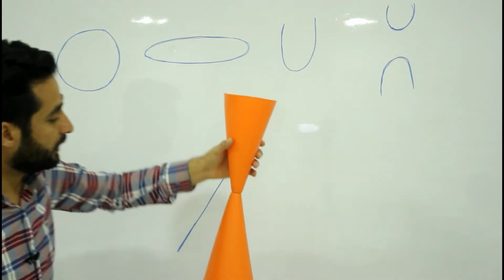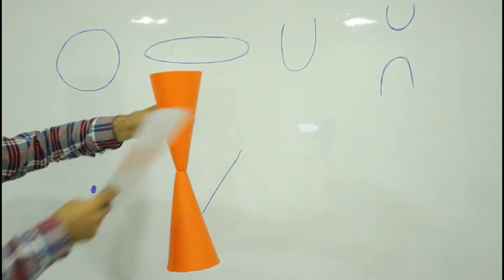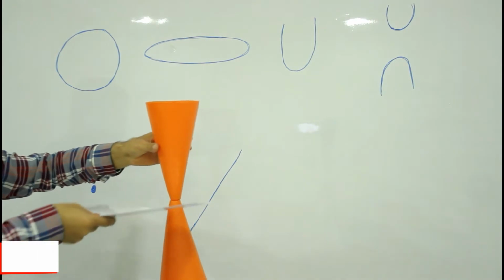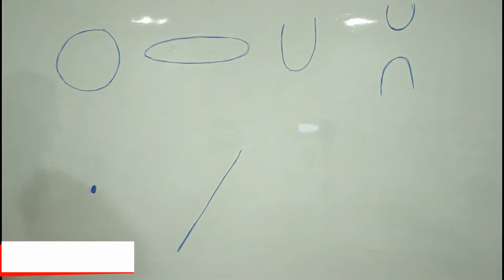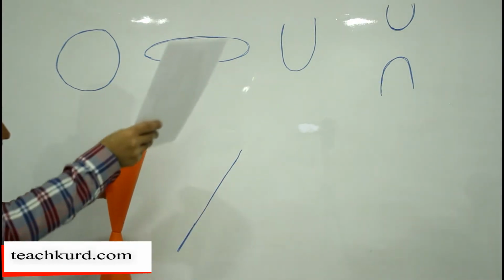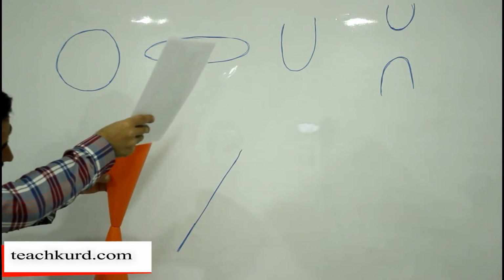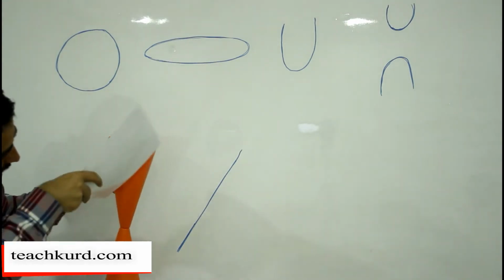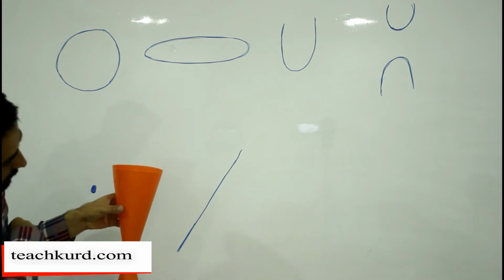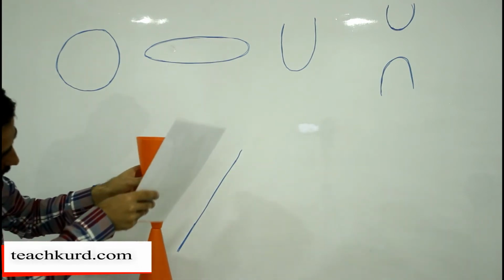Okay, if we cut this in this narrow place, we will get a point. And if we try to cut through the surface, look, the surface from here to here, so we will get what?